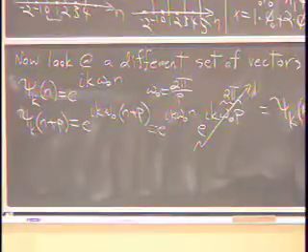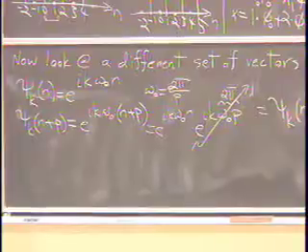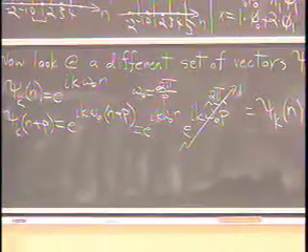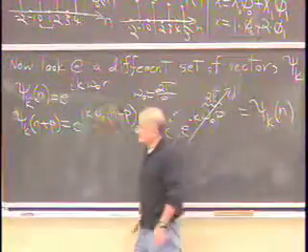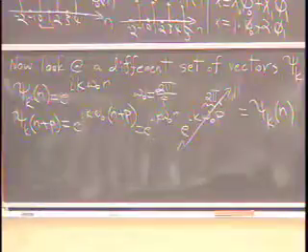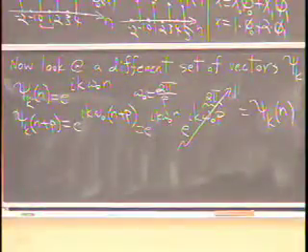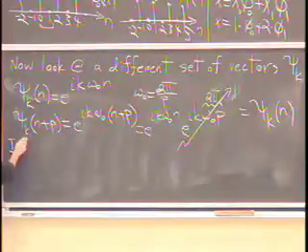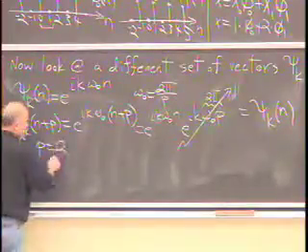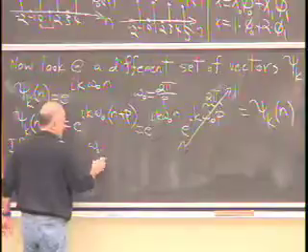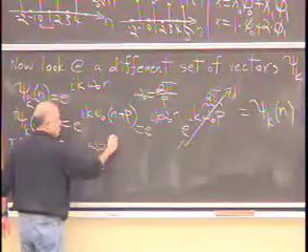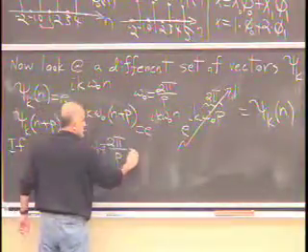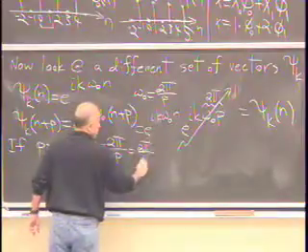So the c_k's are periodic. In the case where I'm dealing with periodic signals of period 2, I only need 2 of these guys. So if p equals 2, omega naught equals 2 pi over p, which is 2 pi over 2, which is pi.